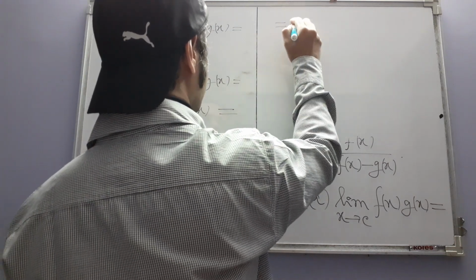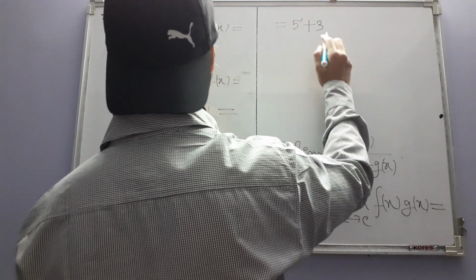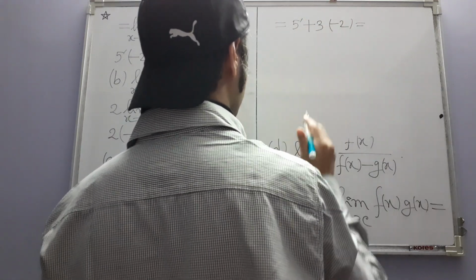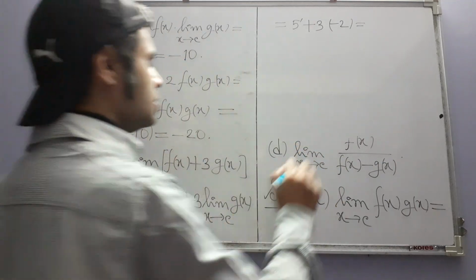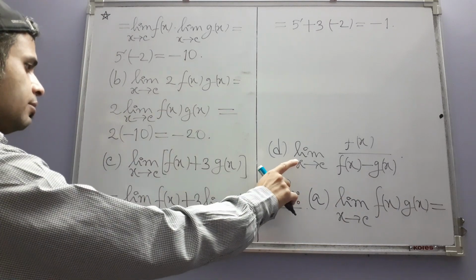So limit of f of x is 5 plus 3 times that of g of x is minus 2. That means 5 minus 6, which is minus 1. And finally this one.